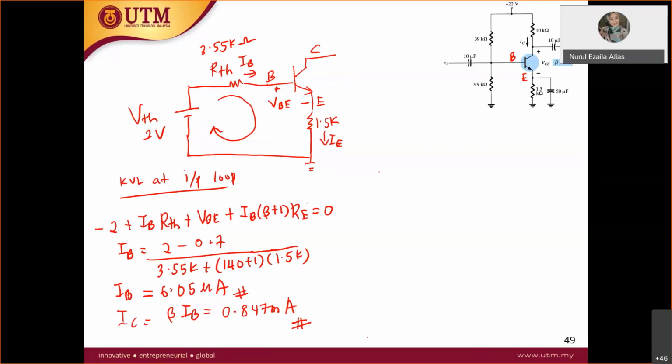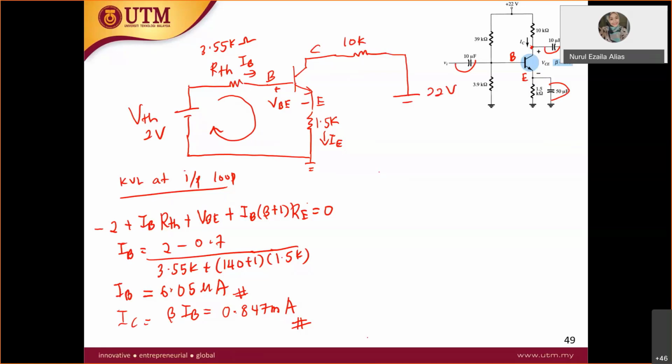Okay, so now let's start with the output loop. In the output loop you have the collector. Now the capacitors are all open circuit. For the collector, you have a 10K resistor, and then the 10K is connected to 22 volt. This is not V Thevenin, this is 22 volt. V Thevenin has nothing to do with the output loop.